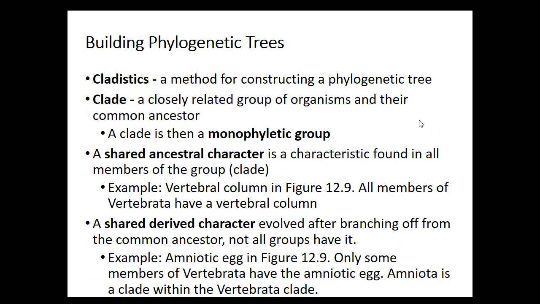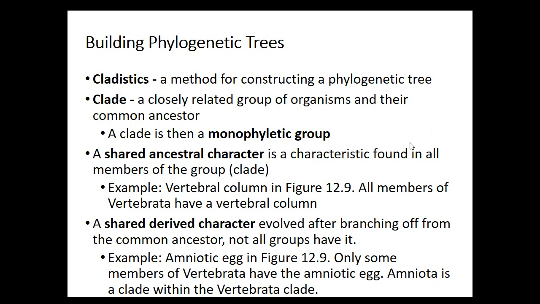And cladistics is this method of making phylogenetic trees based on the appearance of characteristics along the way, which characteristic occurred first, and then which organisms after that appeared have that characteristic.